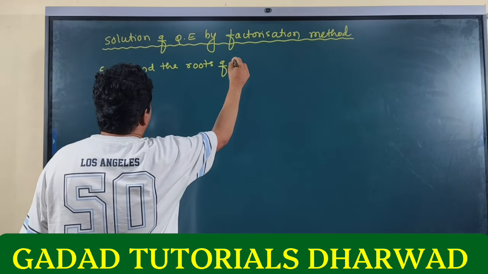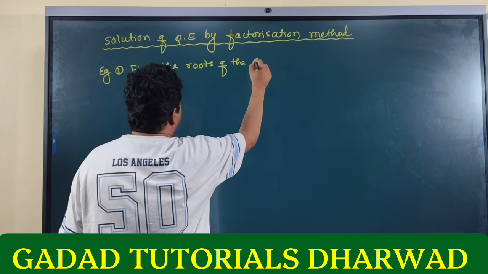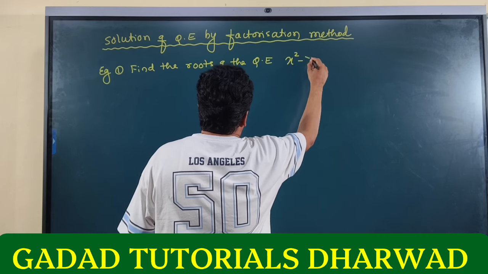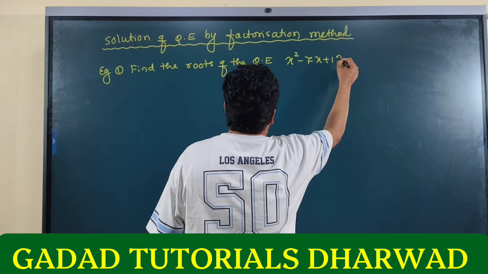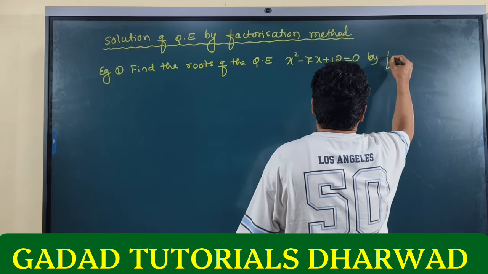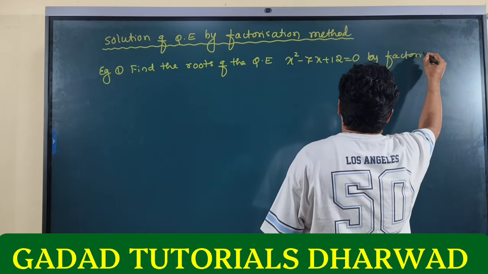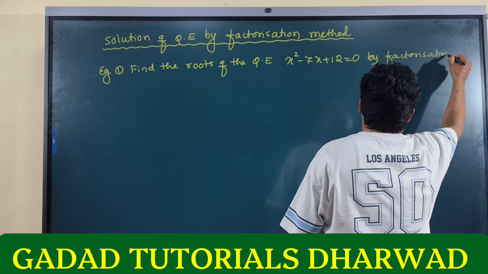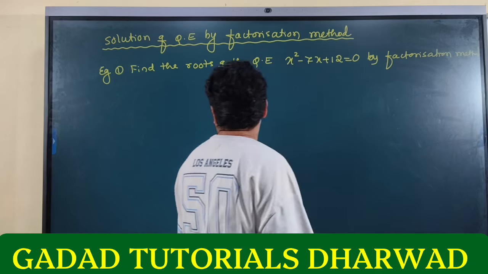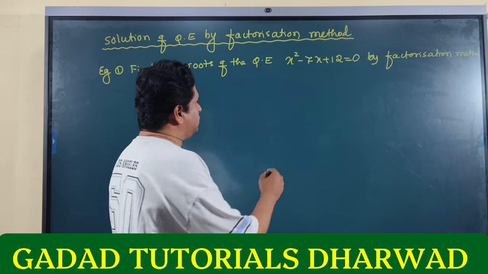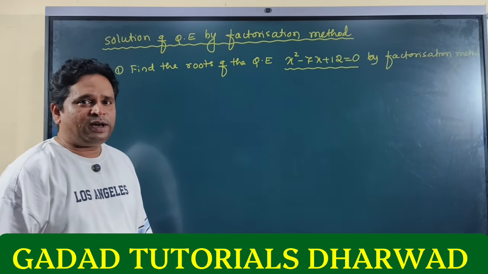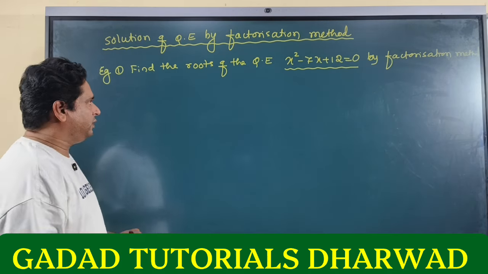Find the roots of the quadratic equation x square minus 7x plus 12 equal to 0 by the factorization method. See how I am doing this one.